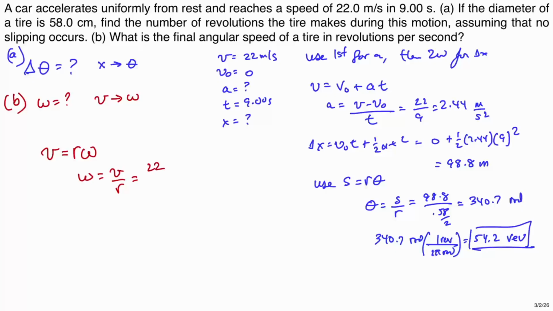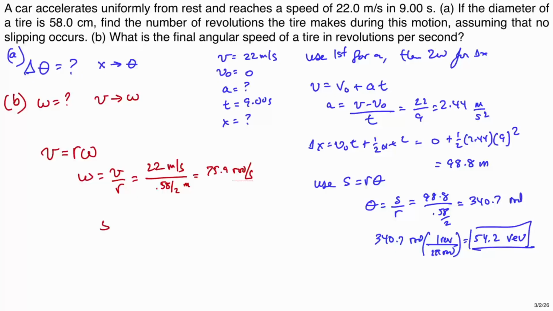The V is 22. And the R, 0.58 divided by, was that 0.29? Yeah, it's 0.29. And that's meters. So this is going to end up in radians per second. And I got 75.9 radians per second, but they didn't ask for that. What did they ask for it in?